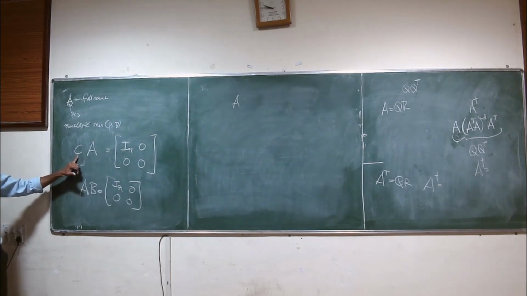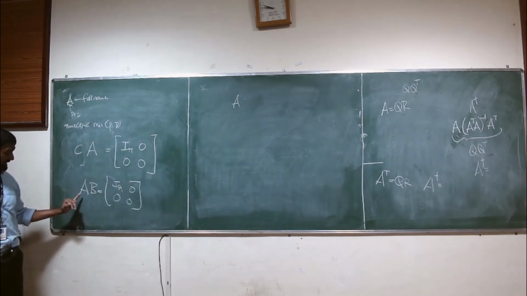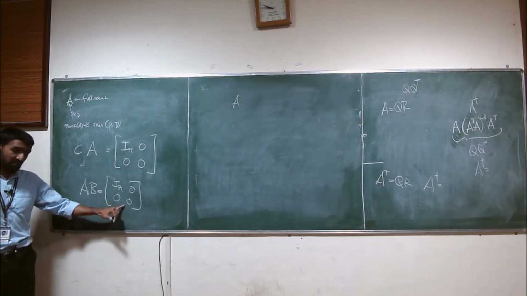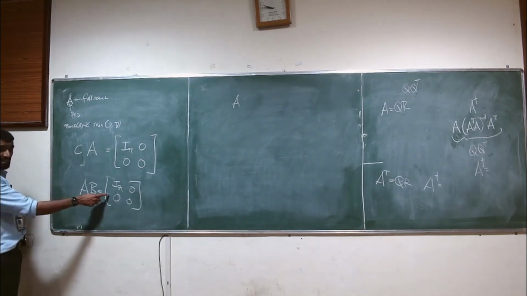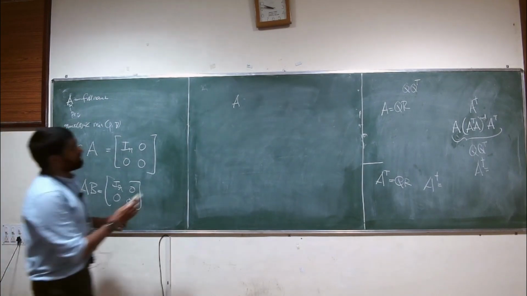You can find a matrix C such that if you pre-multiply, you get something like this. If you have a matrix B, which you post-multiply, you get this. I don't remember if you can find the same matrix that will give you this. I'll verify that and let you know next class.